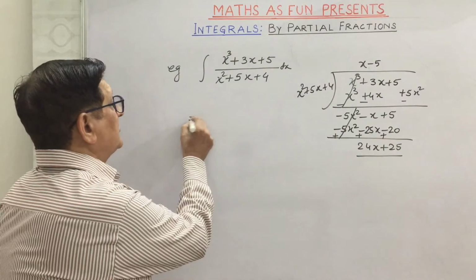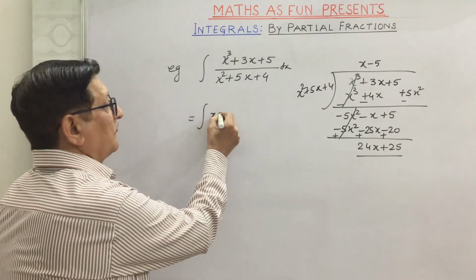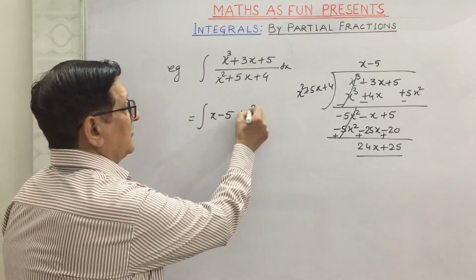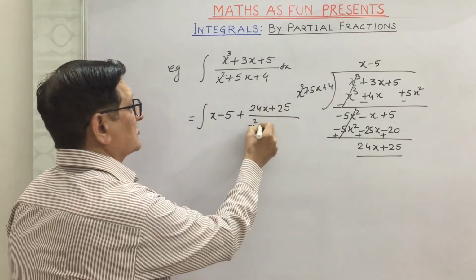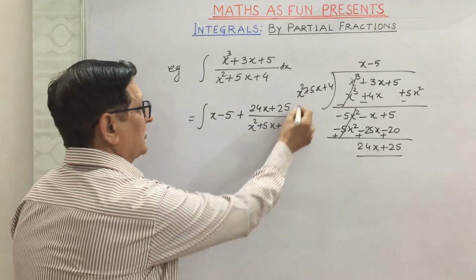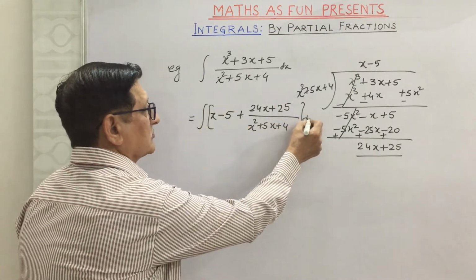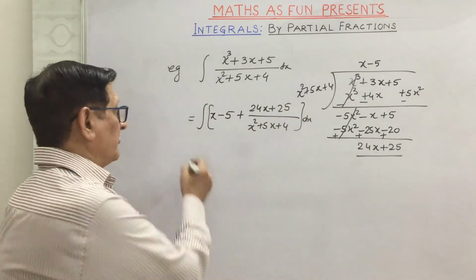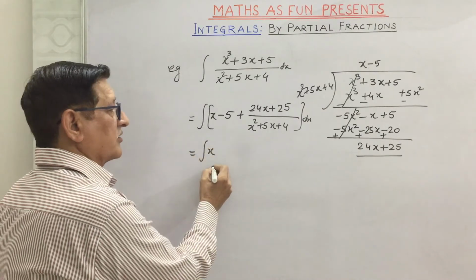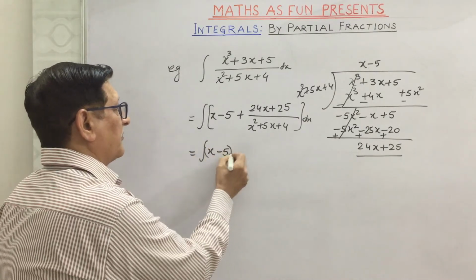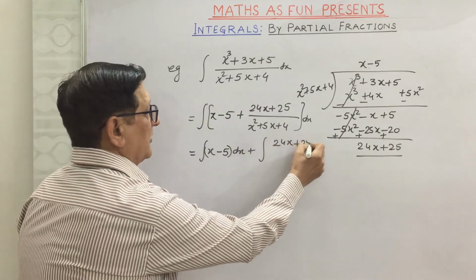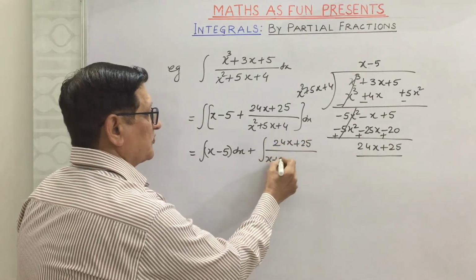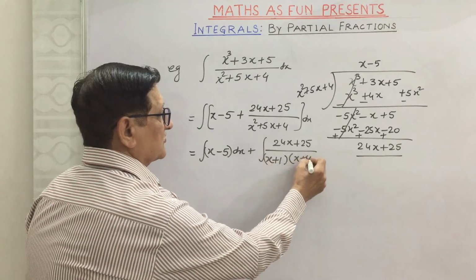So we write this as integral of x minus 5 plus 24x plus 25 divided by x square plus 5x plus 4 dx. We can also write this as integral of x minus 5 dx plus integral of 24x plus 25 upon x plus 1 into x plus 4 dx.